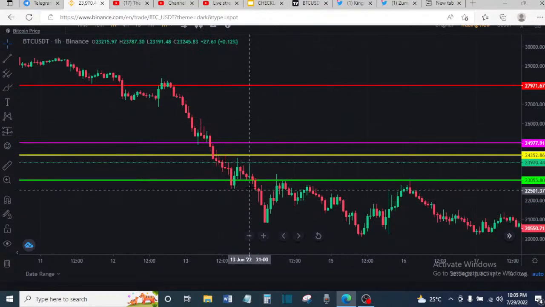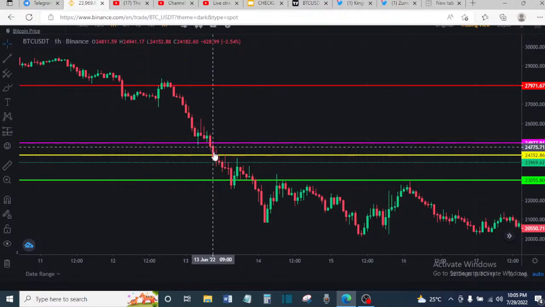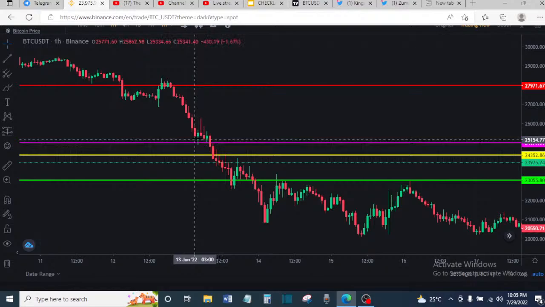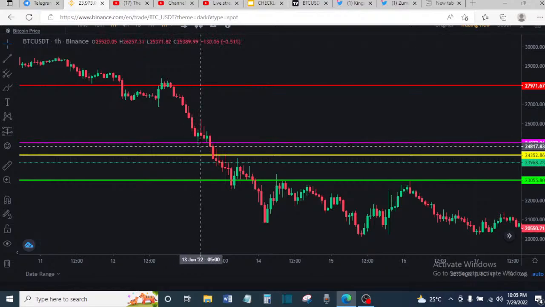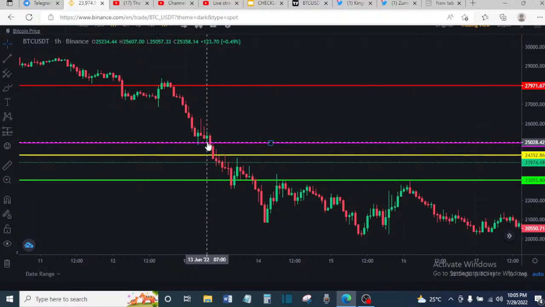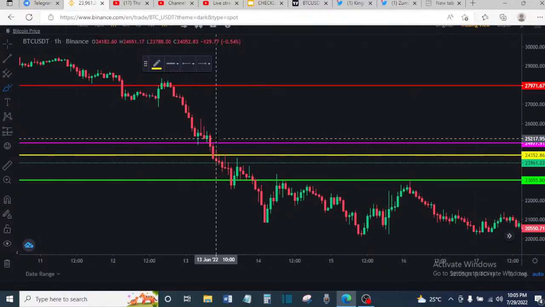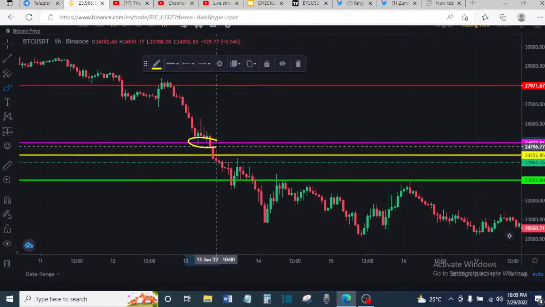So we still have just one stop there. Then we have this rejection, including this rejection. You can see there's a rejection here, and a rejection here upward. So this area should truly be an area of concern.